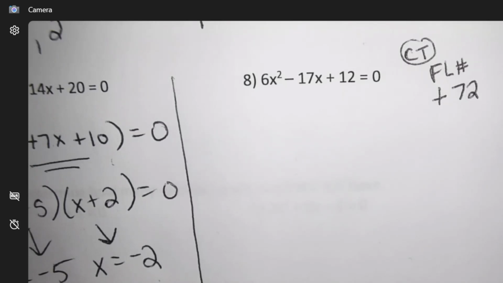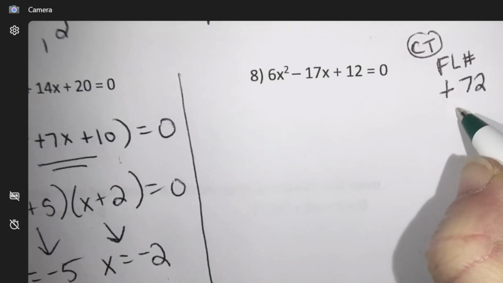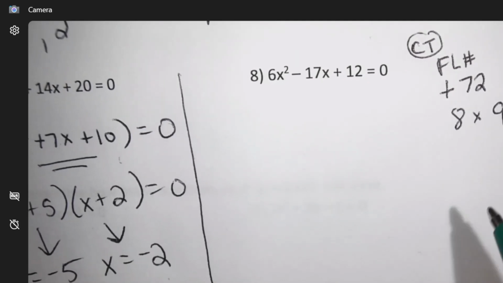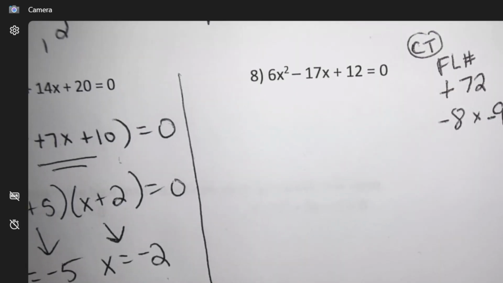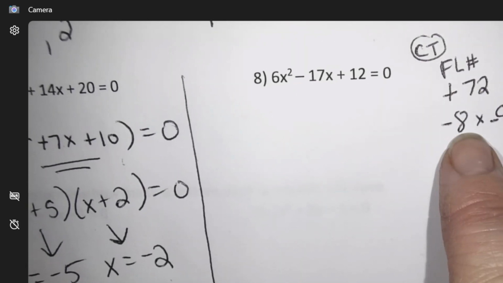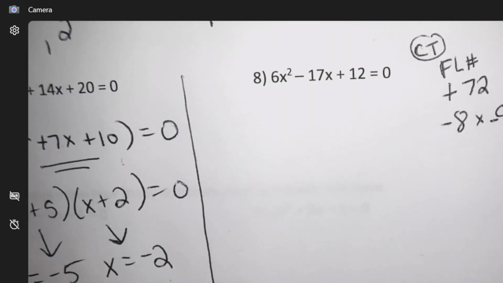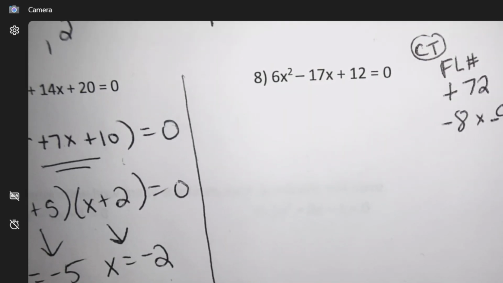Or do you want me to start listing them? You got something, Brendan? 8 times 9 is 72, and they would both have to be negative. To multiply positive, add negative 17. There's your combo.